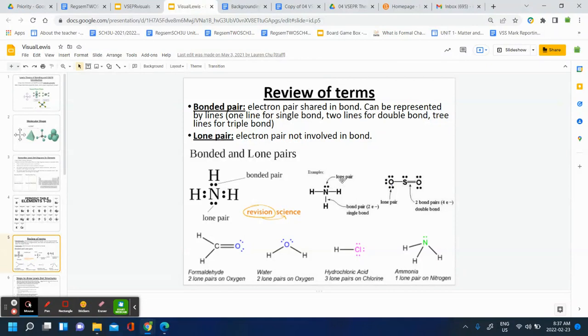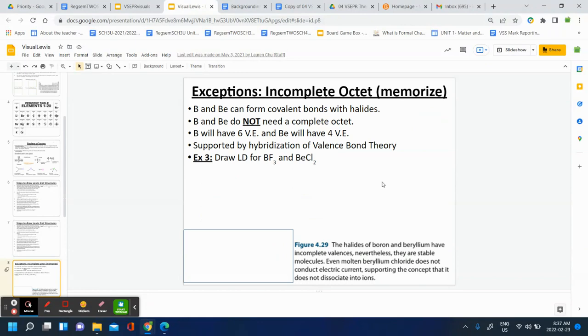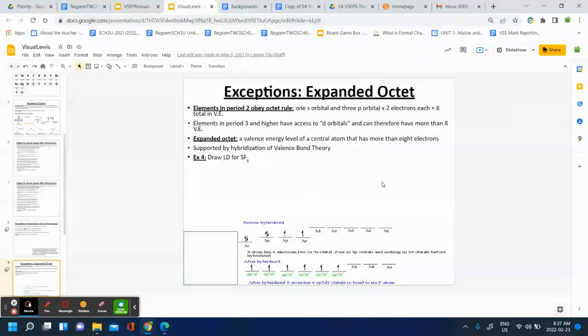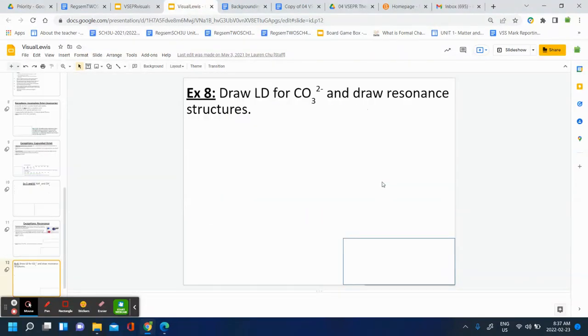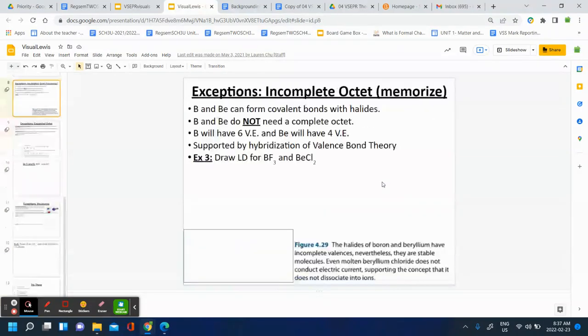Lone pairs, the electrons that are not in a bond, so they're not shared. So you should know those terms since they're involved in VSEPR. You should review the steps to drawing Lewis structures and also the exceptions like the incomplete octet, the expanded octet, what resonance structures mean.